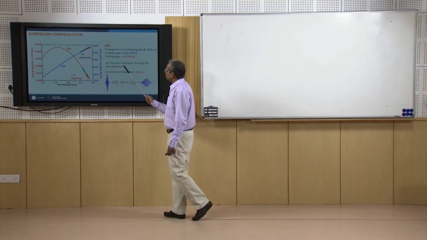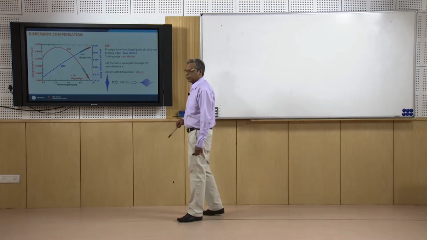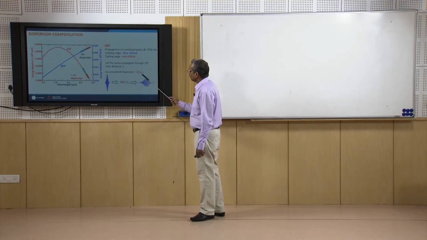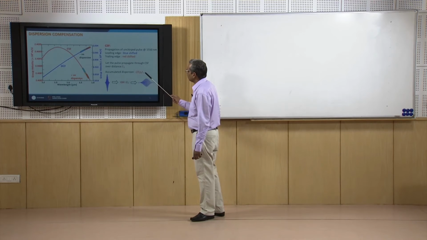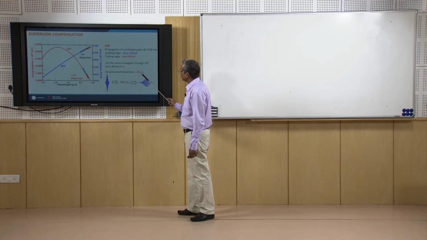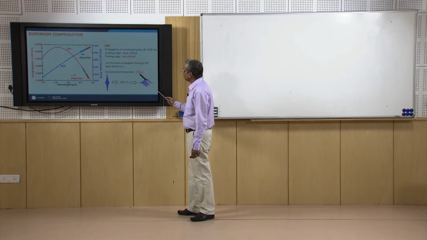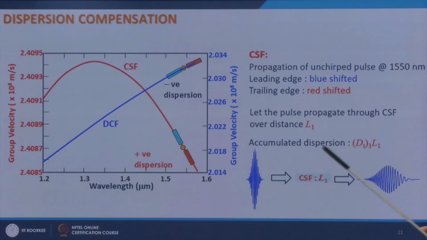If I let this pulse propagate through distance L1, then the accumulated dispersion would be dt1 L1, where dt1 is the total dispersion of conventional single mode fiber. So, you input this pulse and in the output you get this.